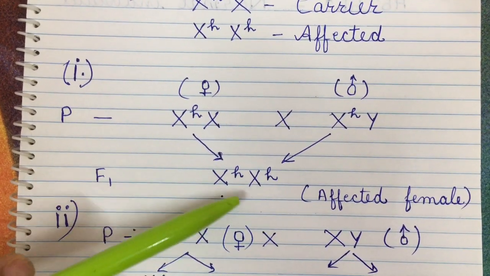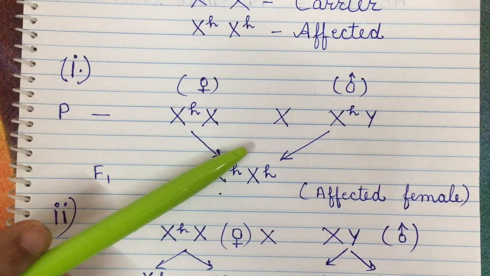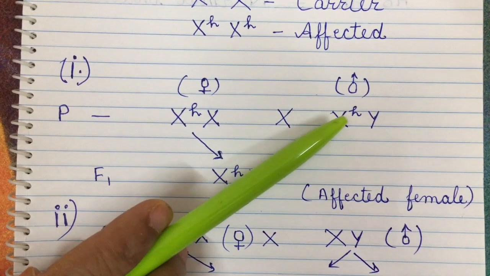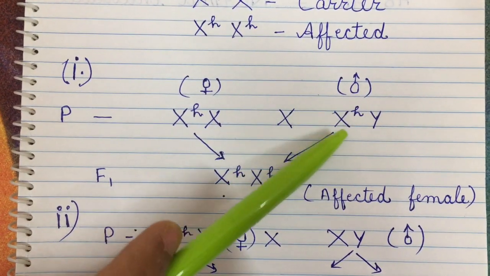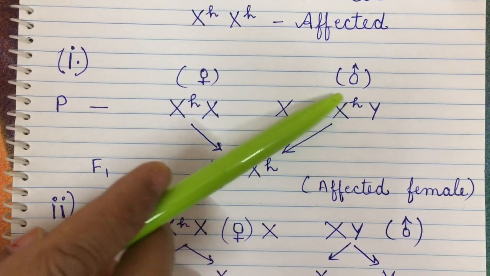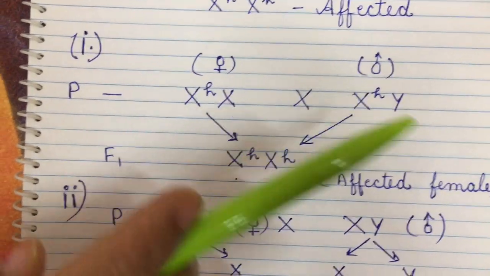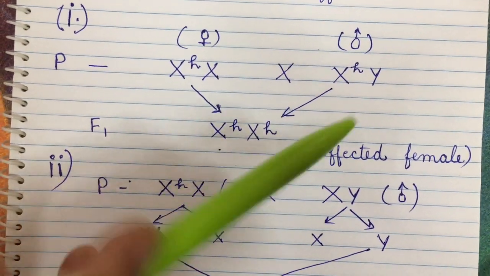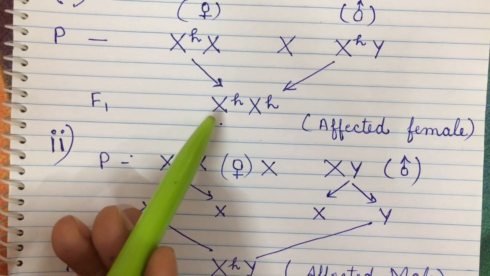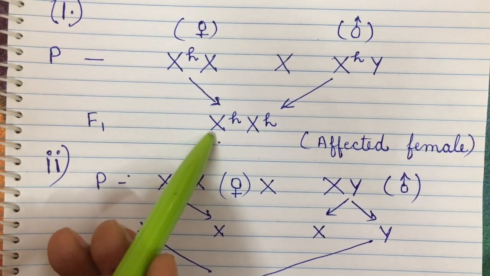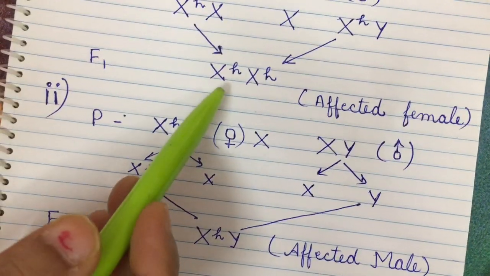Actually, it is not possible, or the chances are very low, because the hemophilic male is not viable; that male cannot survive up to maturity. So the chances of a female being affected with hemophilia are very rare.